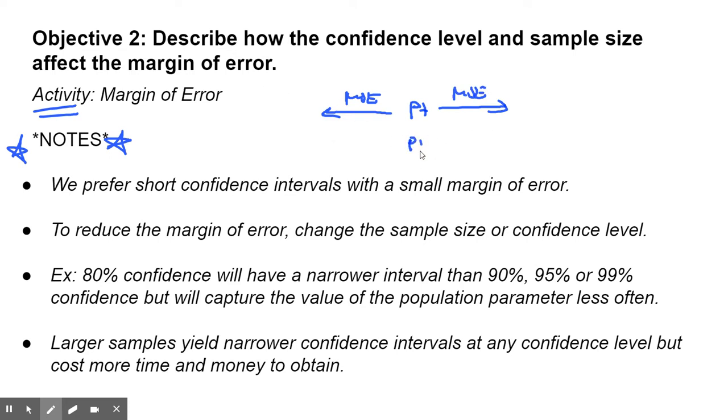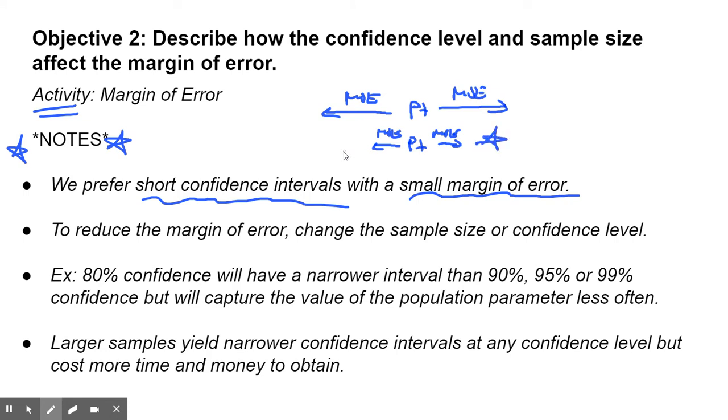So if your point estimate's here and your MOE is only this big, you can see that a larger margin of error makes a bigger interval, and a smaller margin of error makes a smaller interval. Well, we would like short confidence intervals with small margins of error.